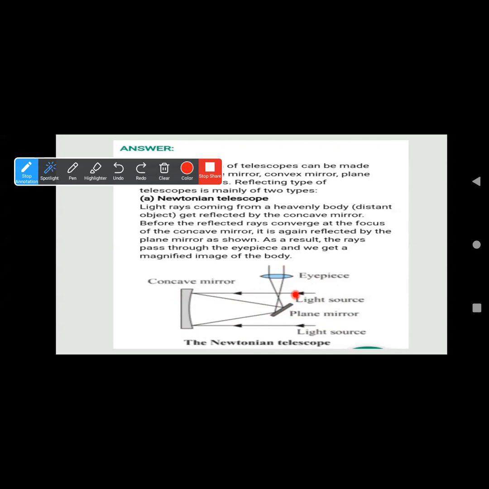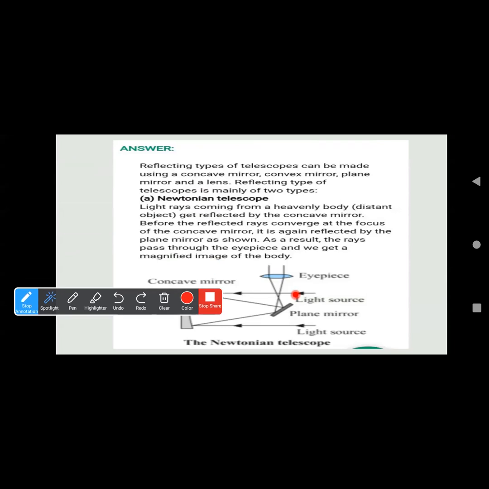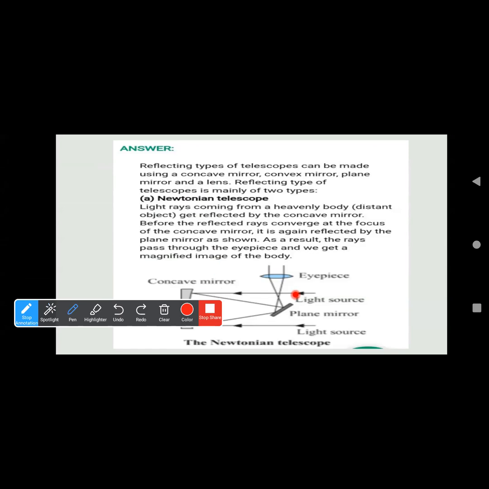Right? So in short, see, it is only written very short about it. So that way you have to write short answers, only the important points. Okay, you can underline the important points. What are those? Reflecting type of, so the answer is reflecting type of telescopes.